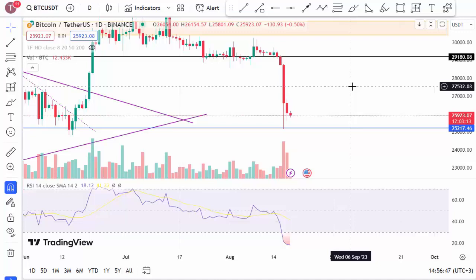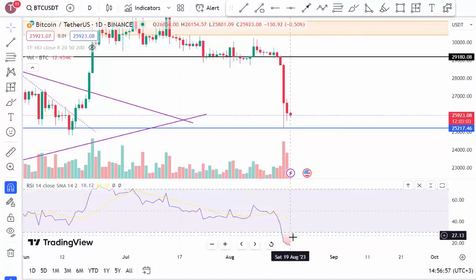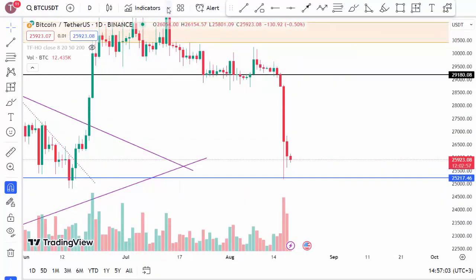Especially, my friends, the movement from 50 to 70 would be really important for us in terms of price movement. Let's not forget this, of course. Additionally, since it's below the 30 level currently, we unfortunately cannot say anything positive.